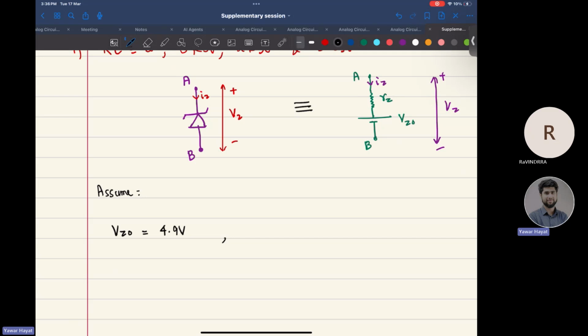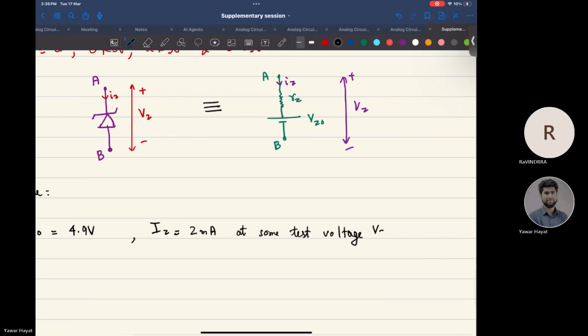Okay. Let's suppose your test current IZ, let's say that is 2 milliamps. Okay. And obviously at some test voltage VZ. Right. And this is a test current.